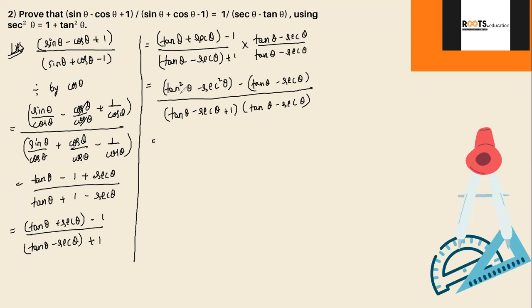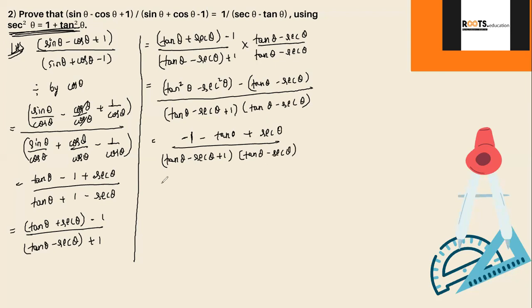So here tan square theta minus secant square theta, using this identity, is minus 1. So minus tan theta, minus into minus is plus secant theta, divided by the denominator, which is the same: tan theta minus secant theta plus 1 into tan theta minus secant theta. Okay.